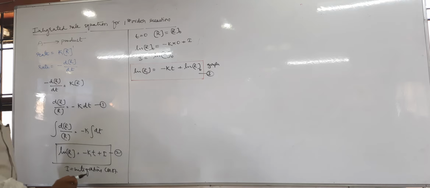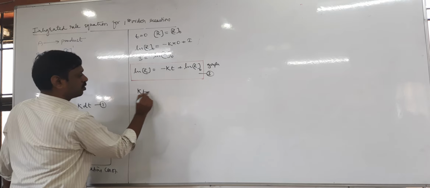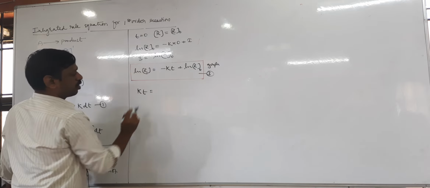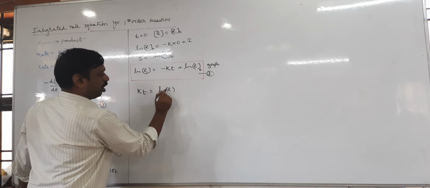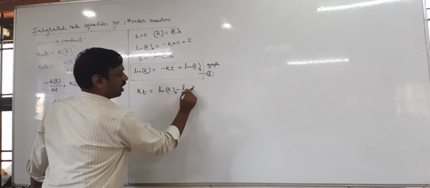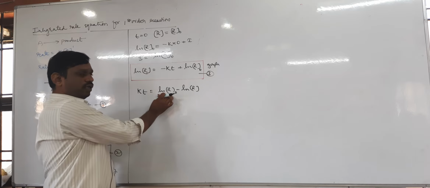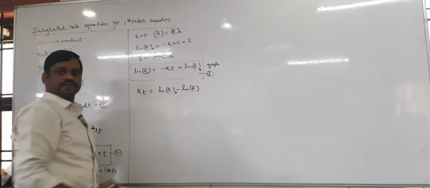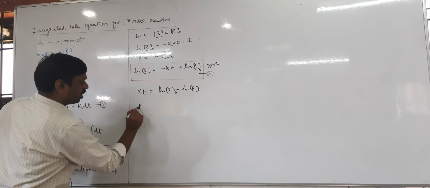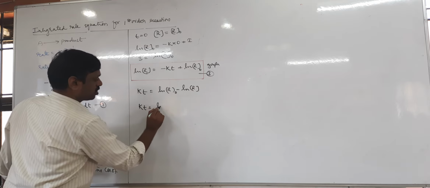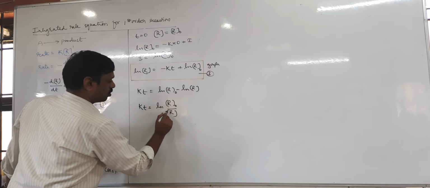Okay, now let us change this equation. Minus kt, transfer left side, plus kt equal to ln R naught minus ln R. But we also know that log a minus log b is log a by b. So therefore kt is also equal to ln R naught by R, right?